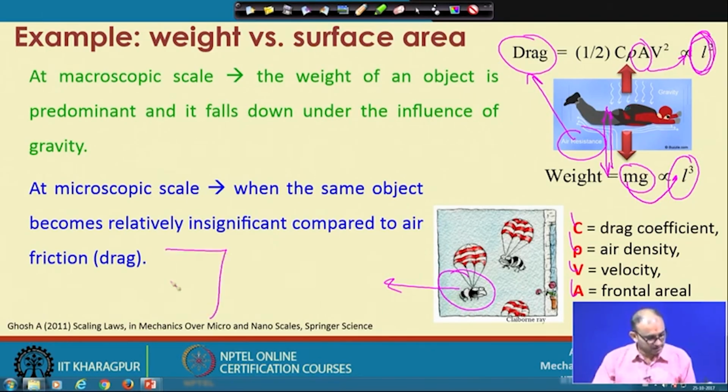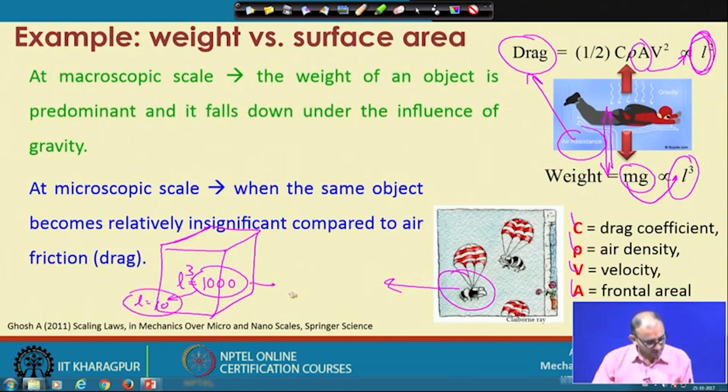Considering the size, this is L cube, and the whole volume is one particular part. Let us consider this is 1000, so it scales as L equal to 10, and the same thing at L equal to 0.1 will scale everything down to a very small part.